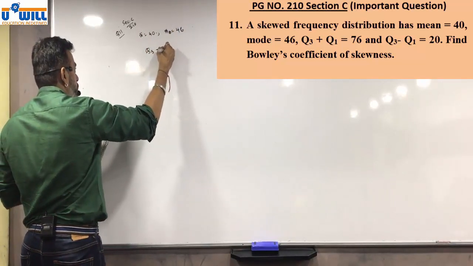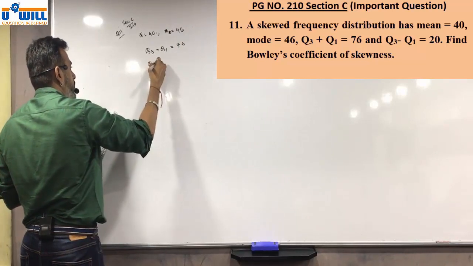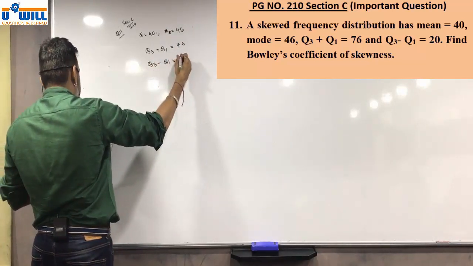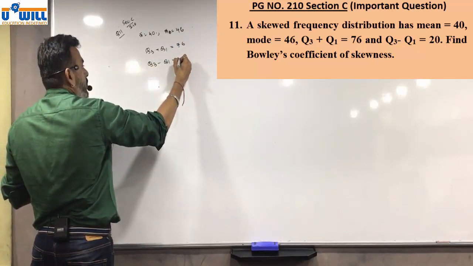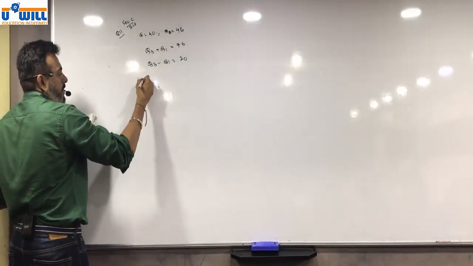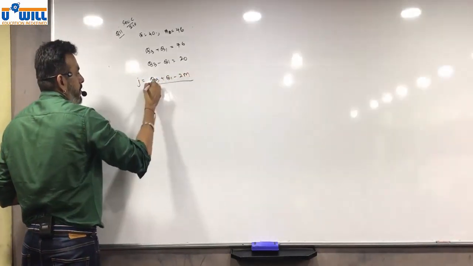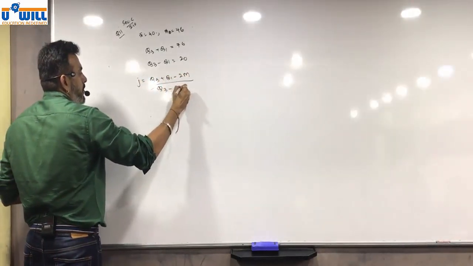Q3 plus Q1 is equal to 76 and Q3 minus Q1 is equal to 20. Now formula is J is equal to Q3 plus Q1 minus 2M upon Q3 minus Q1.